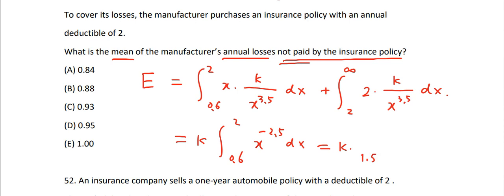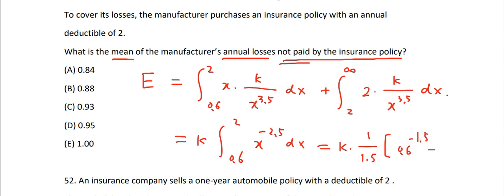So 1.5, so x to the negative 1.5. So this equals 0.6, then 1.5, negative 1.5. Yes.